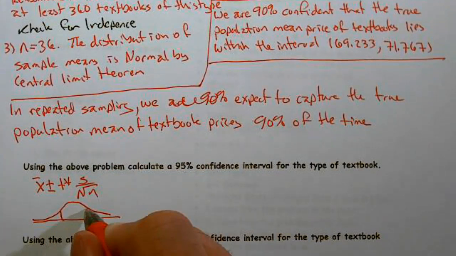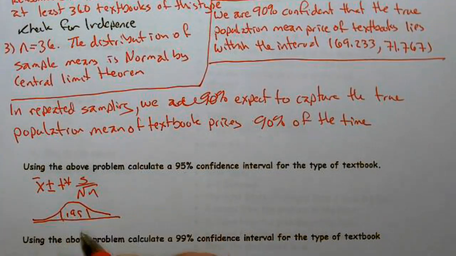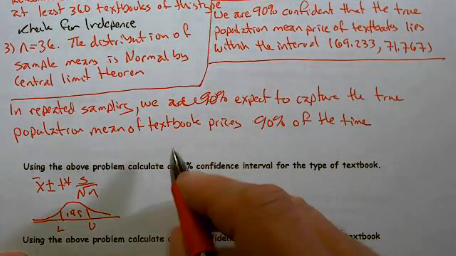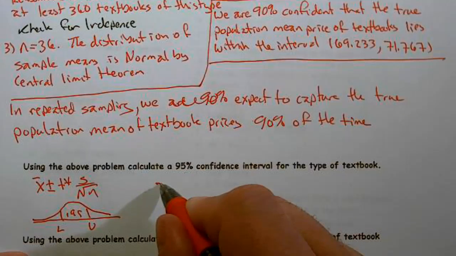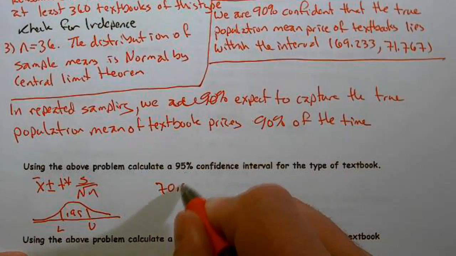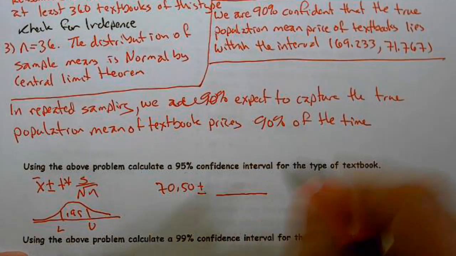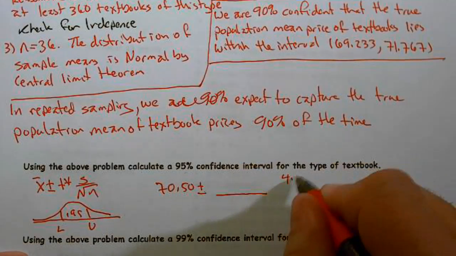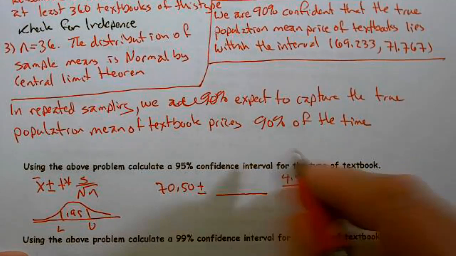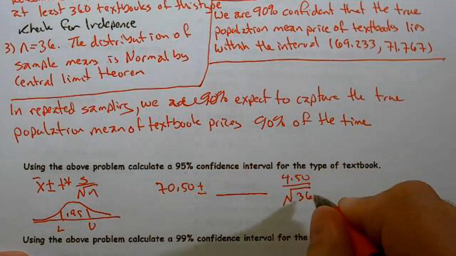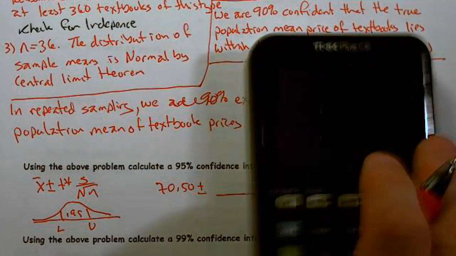We're centered at our mean, we want a 0.95, so we're looking for a lower bound and an upper bound. So plugging in, we know that our mean is 70.50 plus or minus t star, we'll come back to fill that in in just a second. S was 4.50, and n in this case is 36.